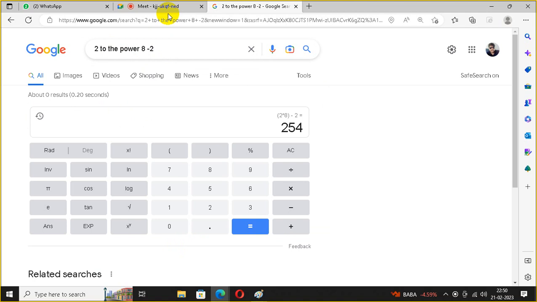So tell me, whenever you are building a very large network, will you start with class C? No. Why? Because it can give you only 254, which is very small.